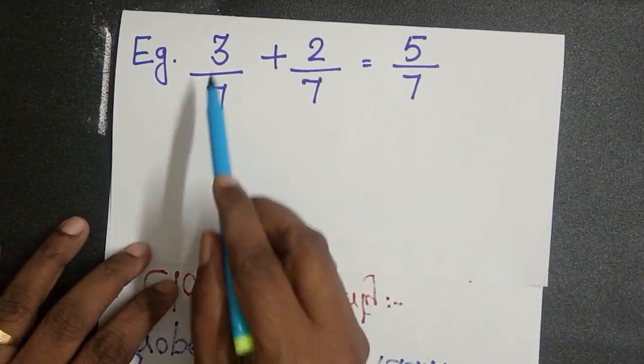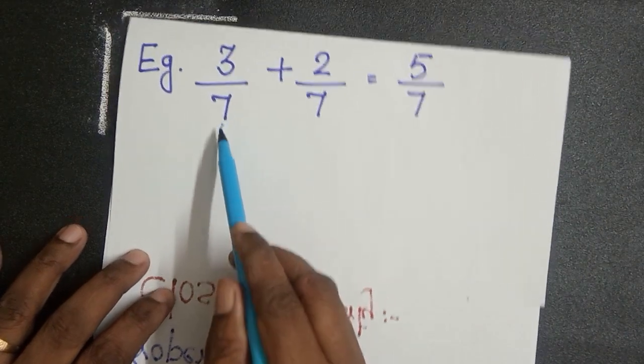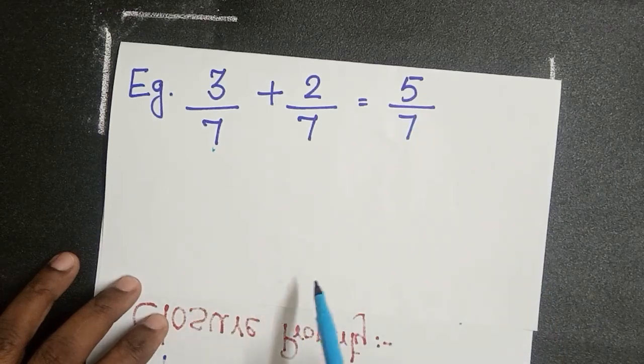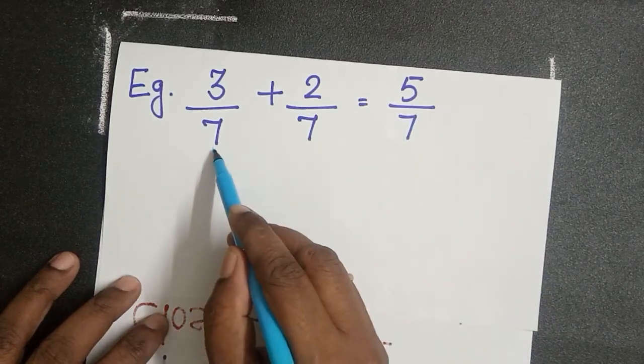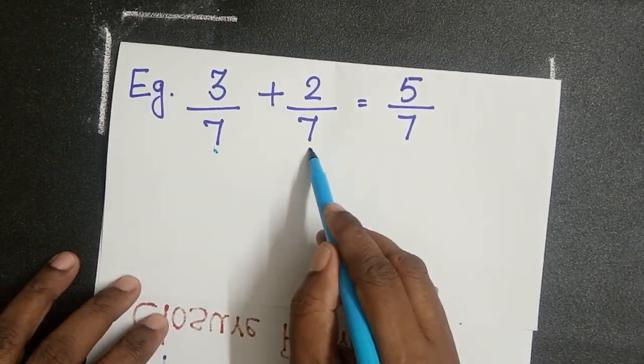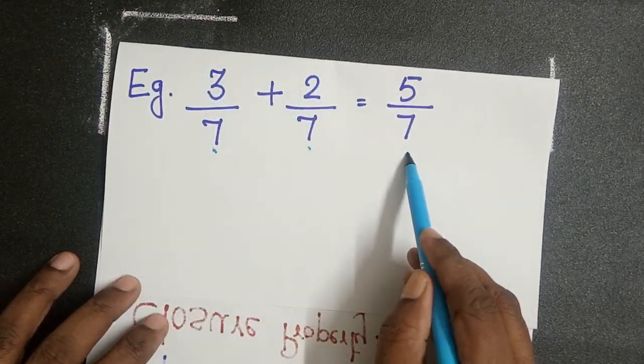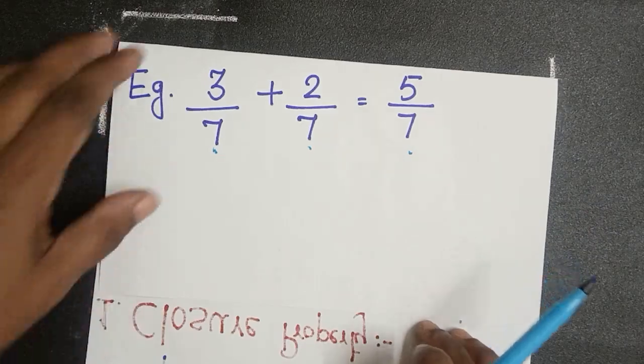I'll give you one example. If you have 3 upon 7 and 2 upon 7, when you add, you get 5 upon 7. So this is a rational number, this is a rational number, and when you add these two rational numbers, you get a third rational number.